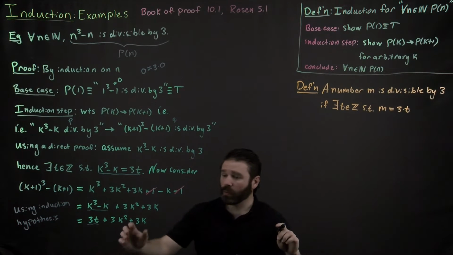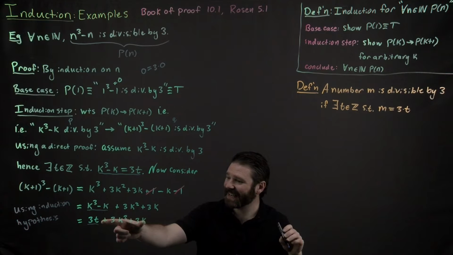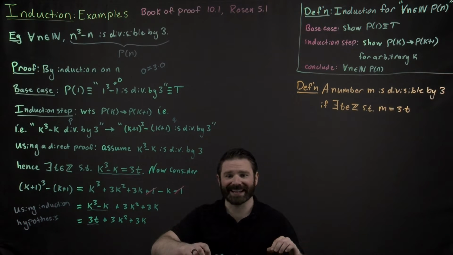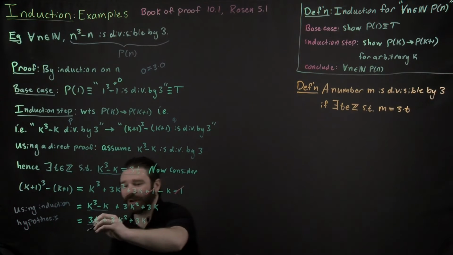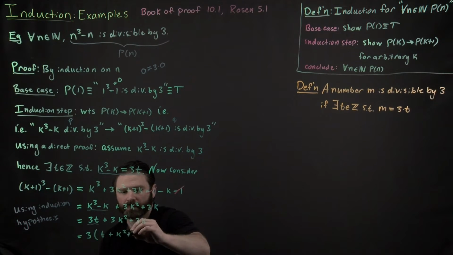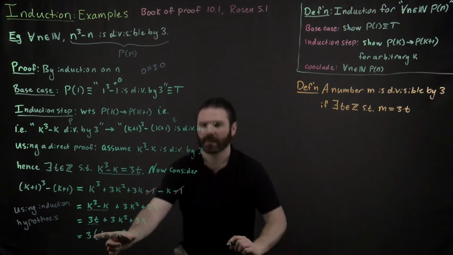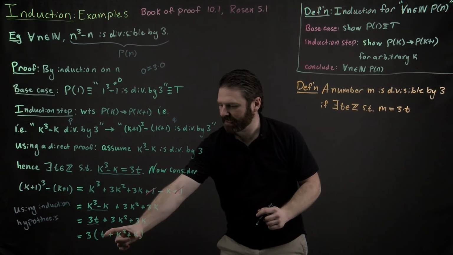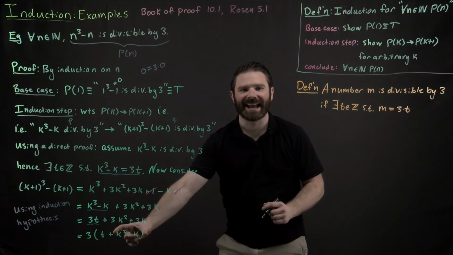And now we're basically finished, because take a look at this expression right here. I have 3's in front of everything. So finally, I can write the following: this thing is equal to 3 times t plus k squared plus k.